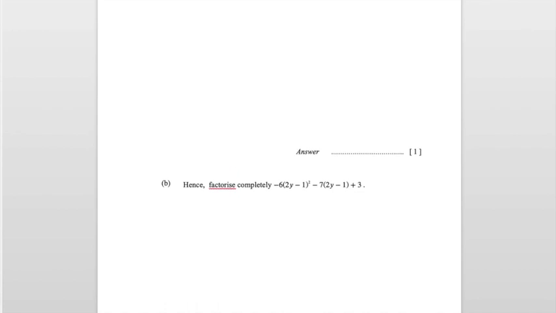More factorization here. This is a factorization of a trinomial. For a factorization of trinomial, we make use of the first term and the last term. But before that, if the x squared term is negative, we need to factorize it out.